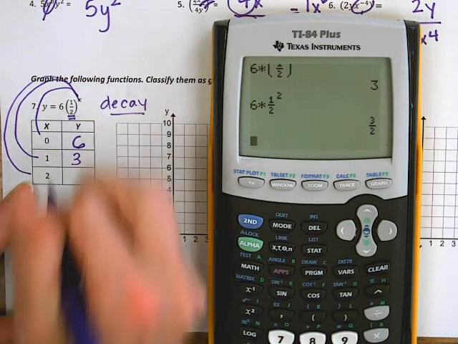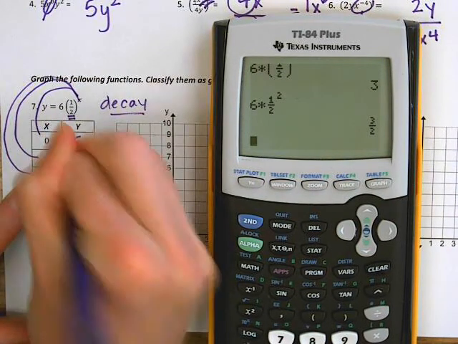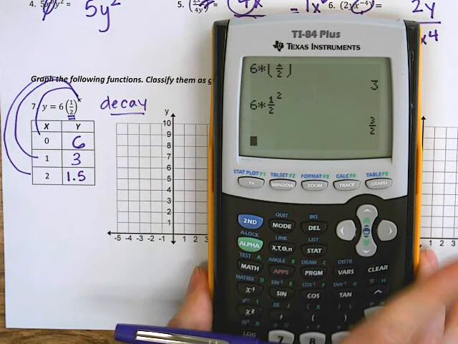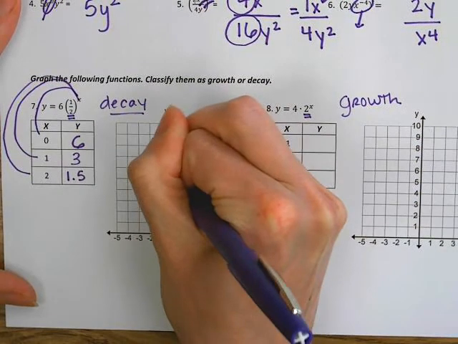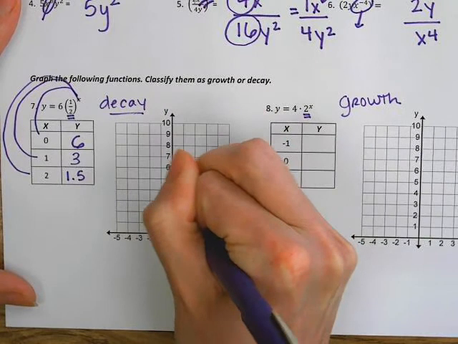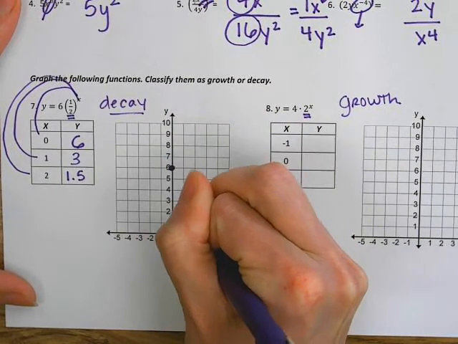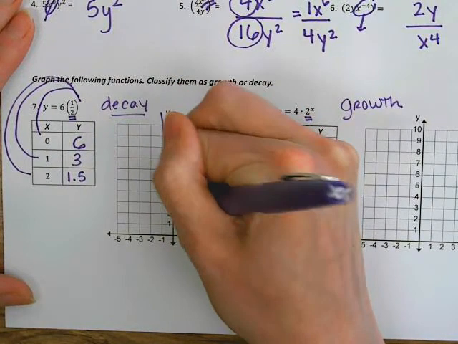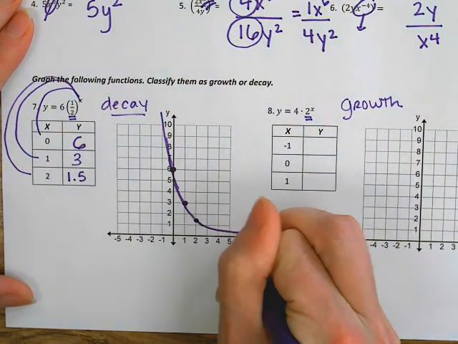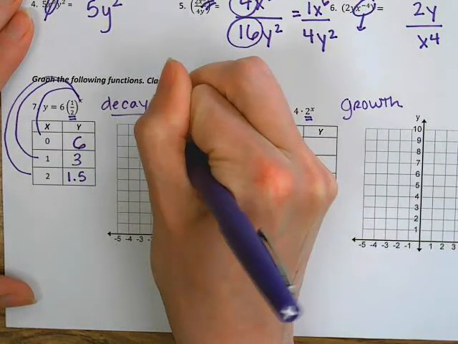And that one is 3/2 or 1.5. And then you just have to graph it. So (0, 6) is here, (1, 3) is here, and (2, 1.5) is here. And then remember, it's a decay, so it's going down, and it's never going to cross 0 unless it's negative.